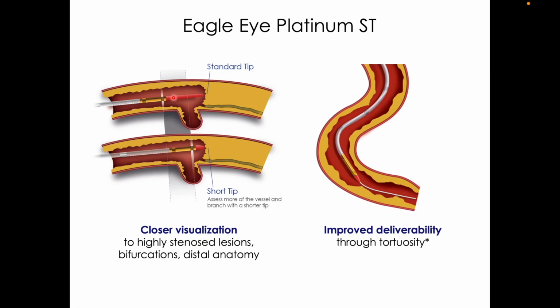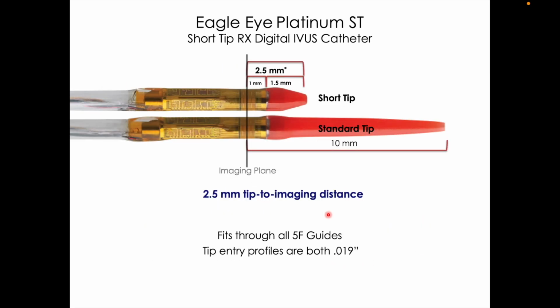The tip is long enough and the transducer is away from this branch and it cannot actually visualize this branch. But with the short tip IVUS catheter, the transducer can visualize these branches very closely, and so this probably is relatively more useful. And then the deliverability and going through the tortuosity is also improved with this smaller tip.